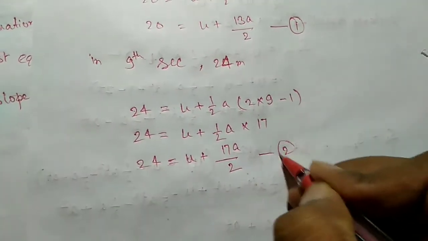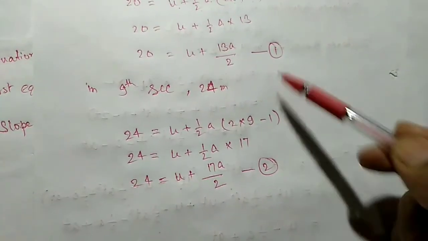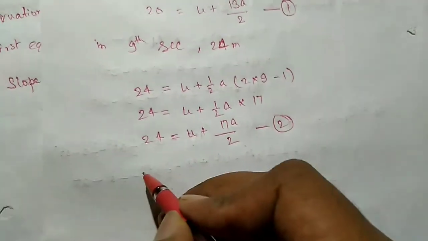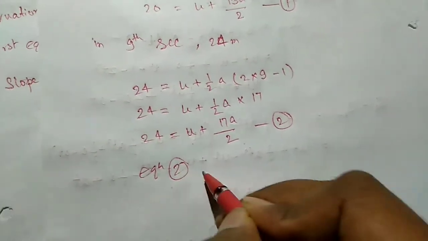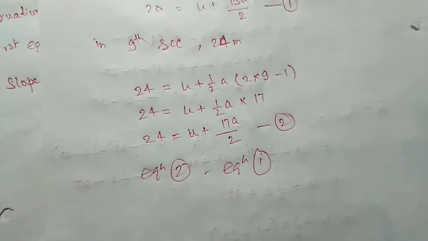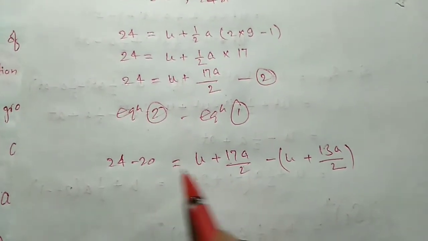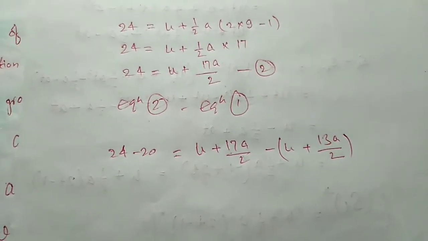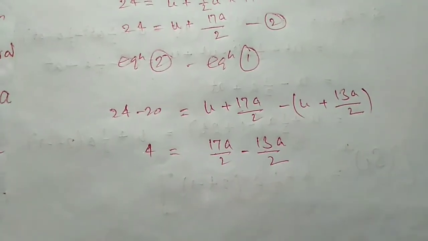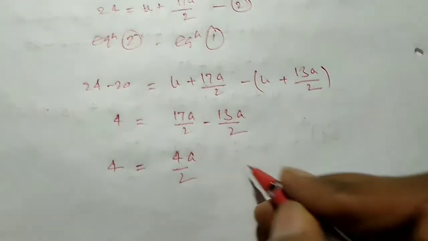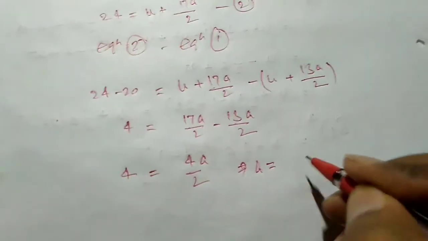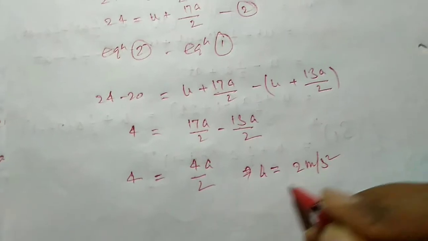This is equation 2. Now let's subtract equation 1 from equation 2, means equation 2 minus equation 1. After solving, u will be cancelled. So after this we are getting acceleration is 2 meter per second square.